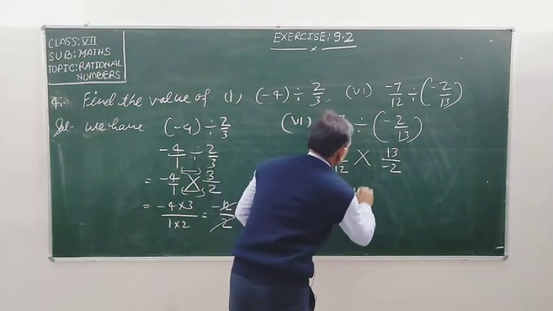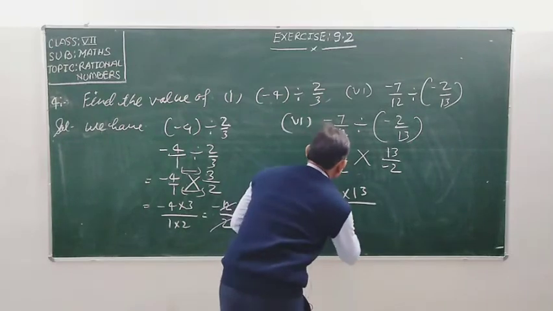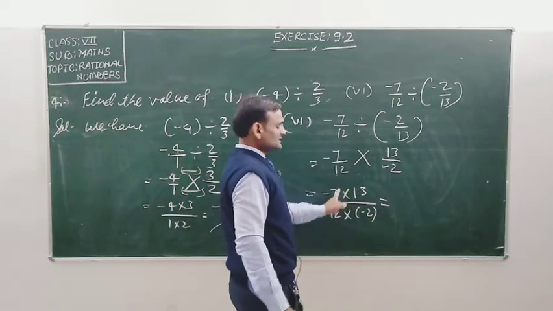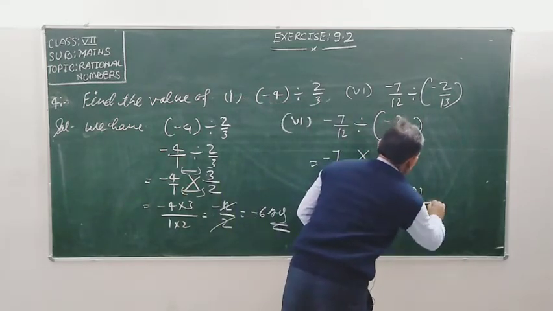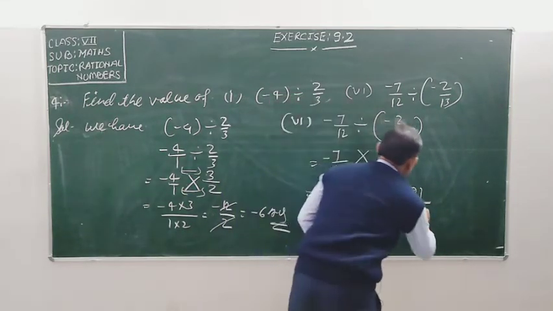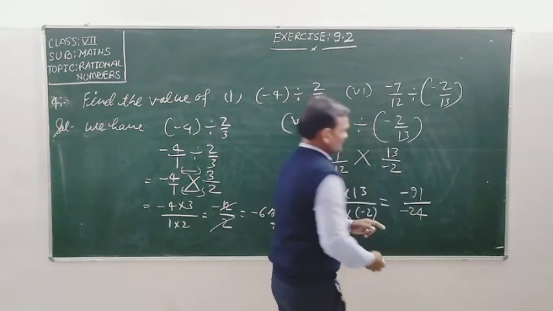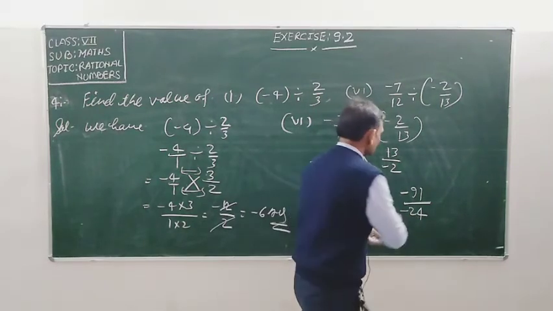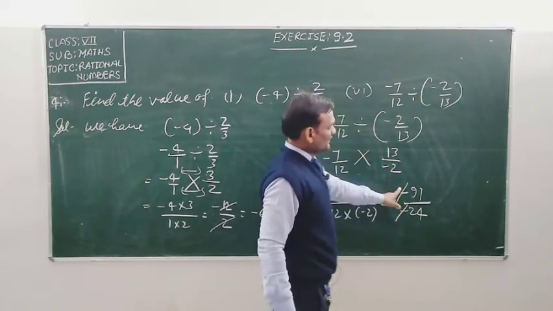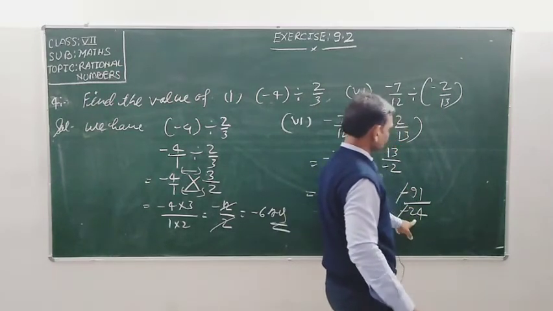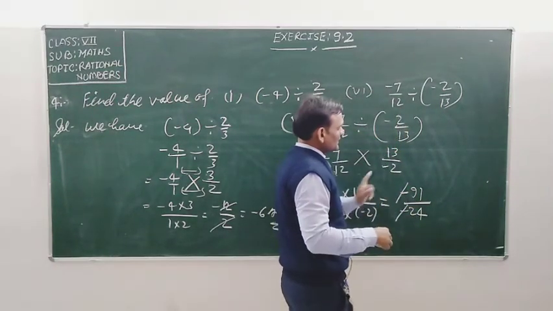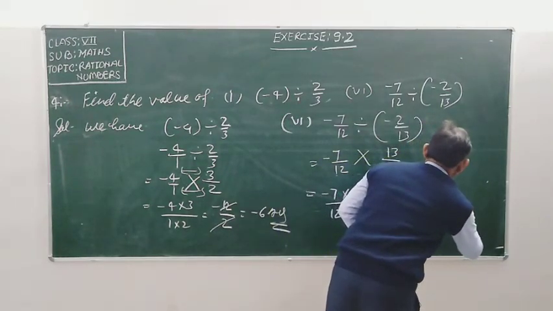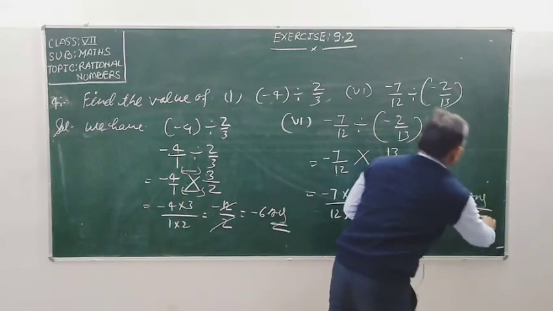Minus 7 into 13 upon 12 into minus 2. So we get 13 7s are 91, minus 91 upon 12 2s are 24, minus 24. Numerator has the negative sign and denominator also has the negative sign, so we cancel negative with negative and we get 91 upon 24. So this is my answer, student. 91 upon 24 is my answer.